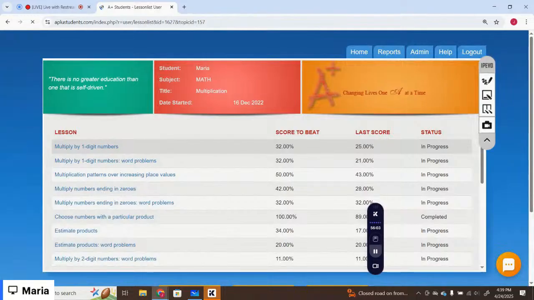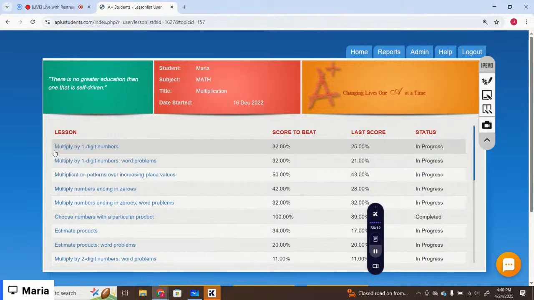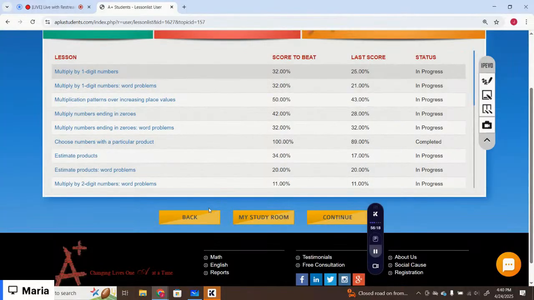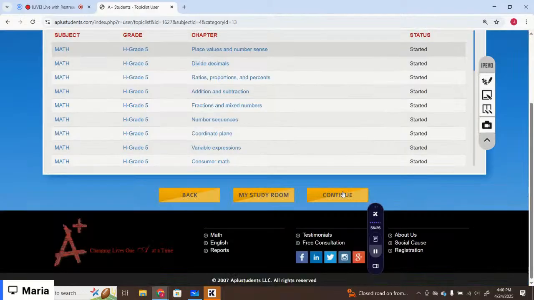The lessons we have covered today are multiply by one digit numbers, multiply by one digit number word problems, multiplication patterns over increasing place values, multiply numbers ending in zeros. So please make sure before the next session you complete all the practice questions for the lessons you just did. That is your homework until next session.